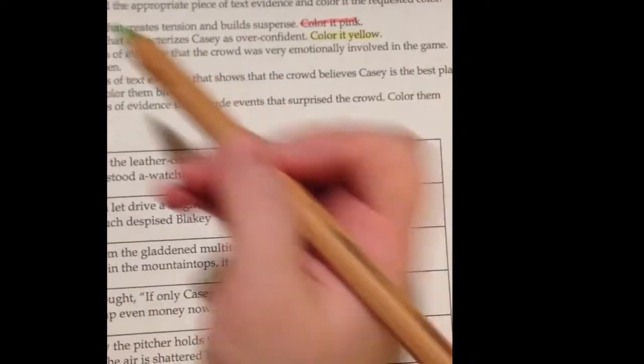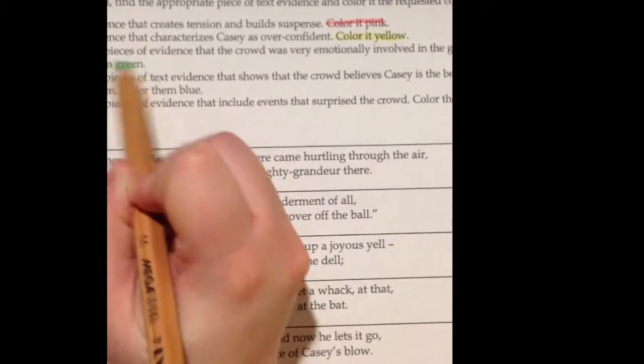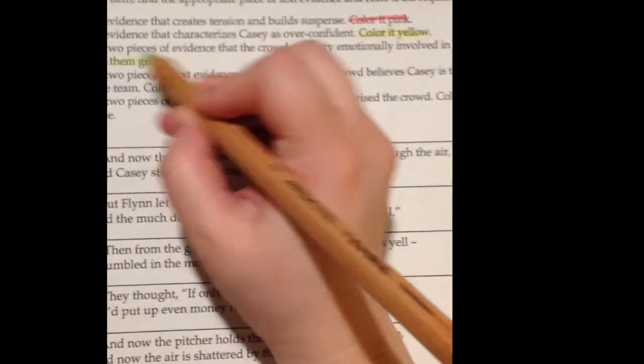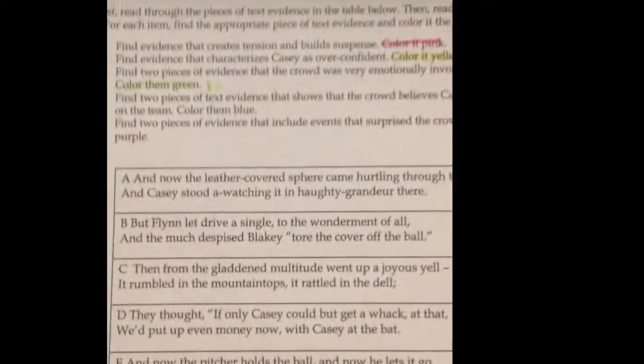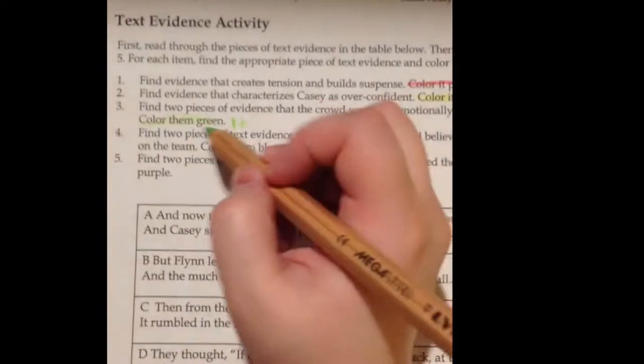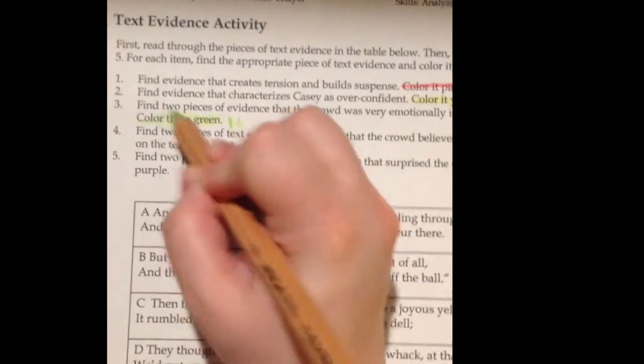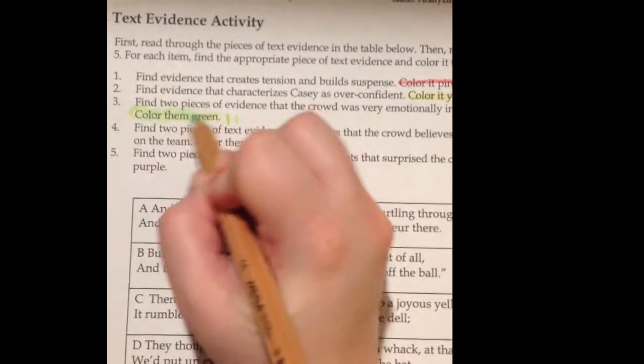Number 3, find 2 pieces of evidence that the crowd was very emotionally involved in the game, and color them green. Color them green, that tells me that there's one or more here. I don't know if it's coming through very well on the camera.